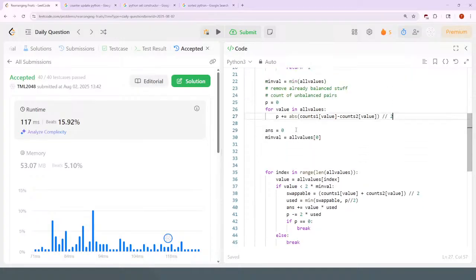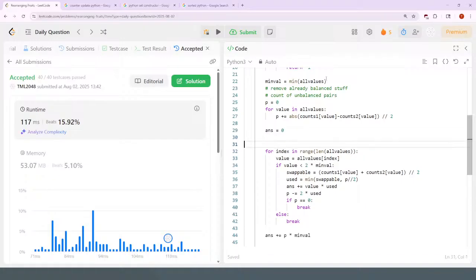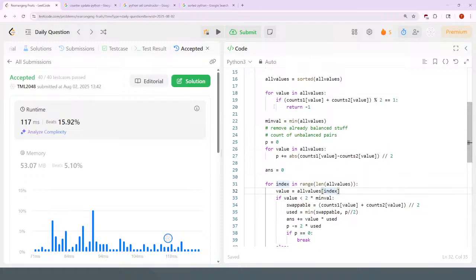Answer is originally 0. Min value is still min value of all values. And then for every index, all values at the index. Why can't I just go through all the values themselves? Because it's already sorted, right? Yeah, so I think I don't need to use the index here, for value in all values.